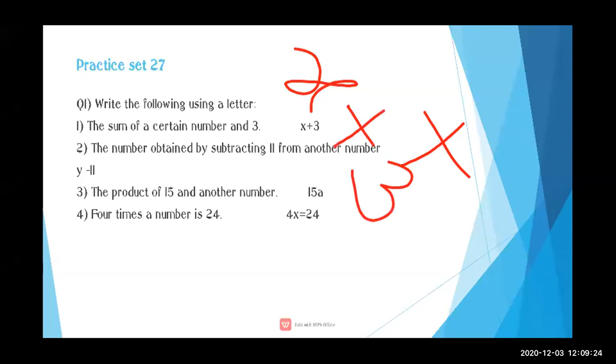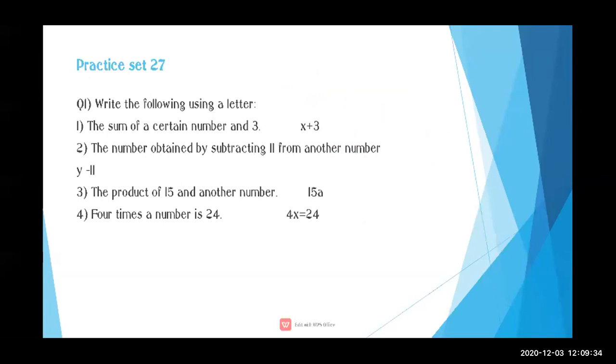So we will write the answer as the sum of a certain number and 3 is equal to x plus 3. You can see over here the same answer. The certain number we don't know, so we have assumed that number as x and 3, that means plus 3.